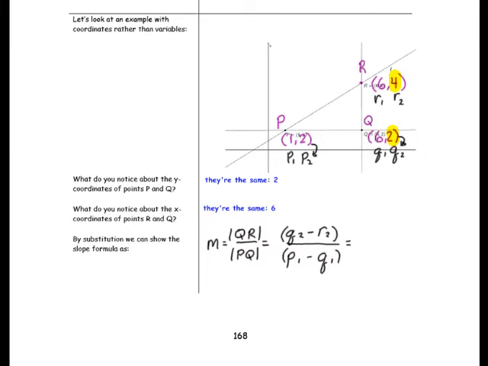And that will equal P sub 2 minus R sub 2 for the vertical change over P sub 1 minus R sub 1, which is the horizontal change.